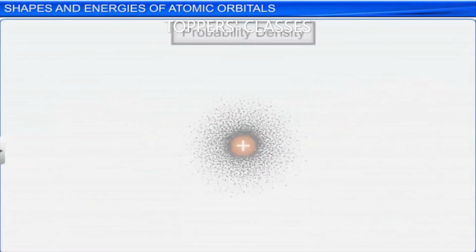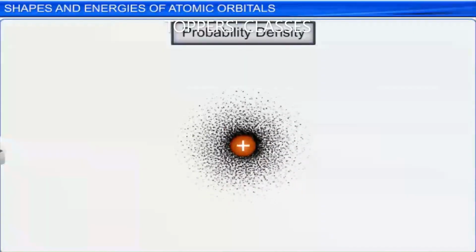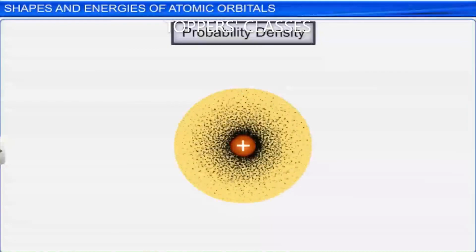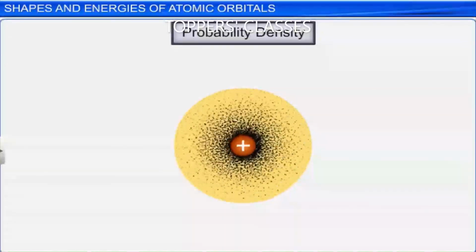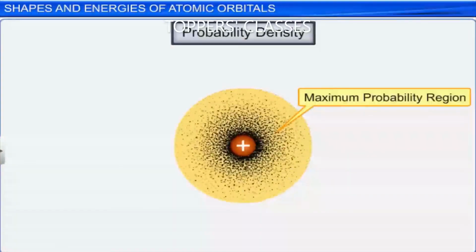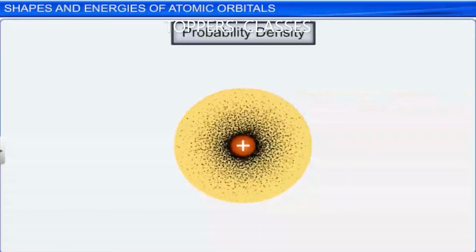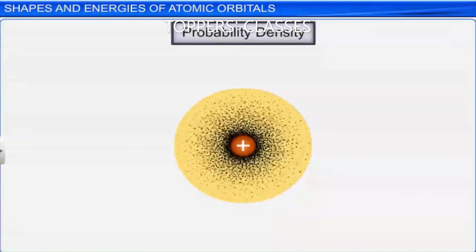By finding the probability density at different points in an atom, one can predict the region of space around the nucleus within which the probability of finding the electron is the maximum. This three-dimensional space around the nucleus, where the probability of finding the electron is maximum, is called an orbital.